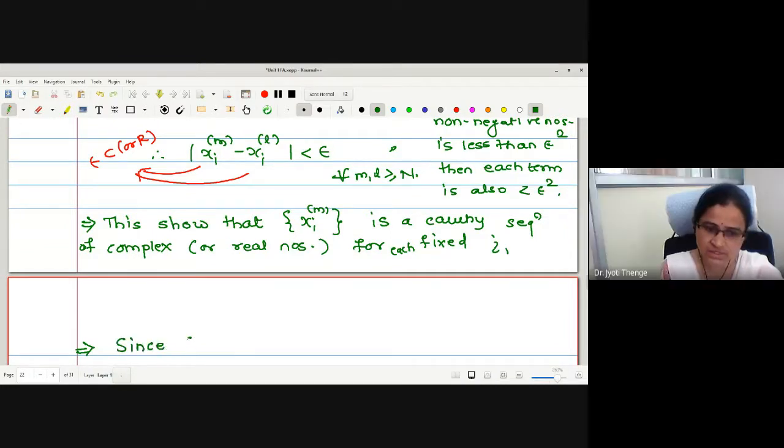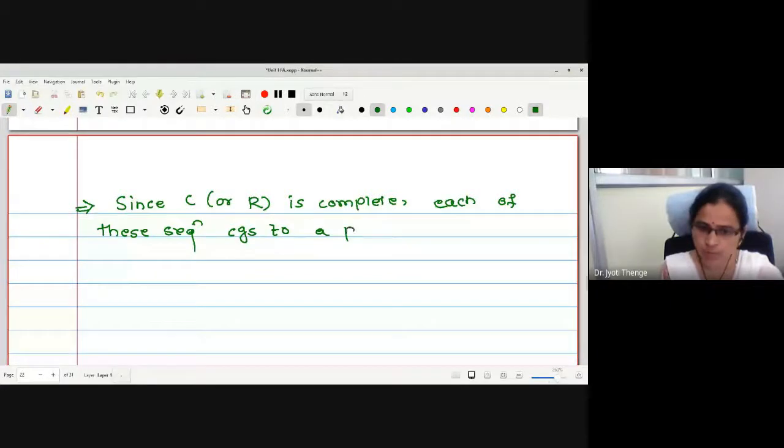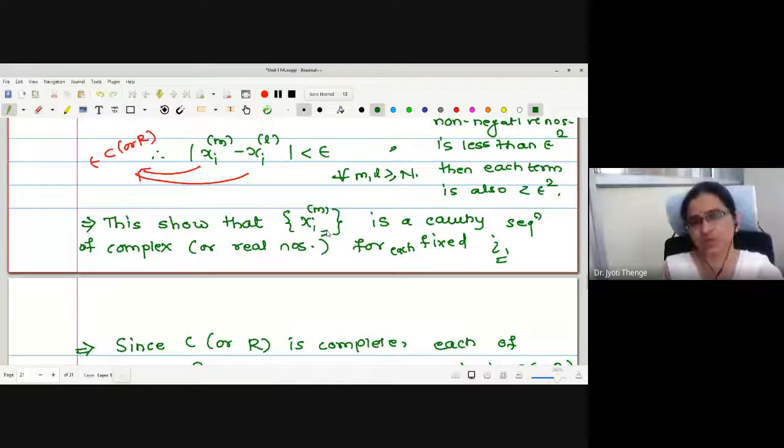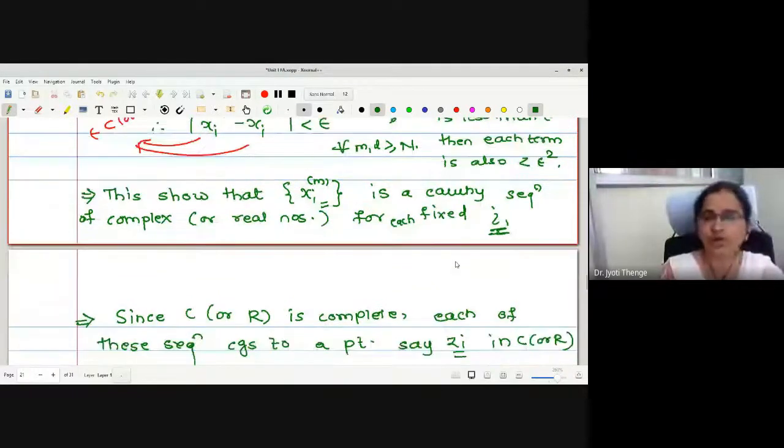Yes, since C or R is complete, each of these sequences converges to a point, say zi in C or R. Therefore, the sequence is totally dependent on i, and the limit point we have taken with i.